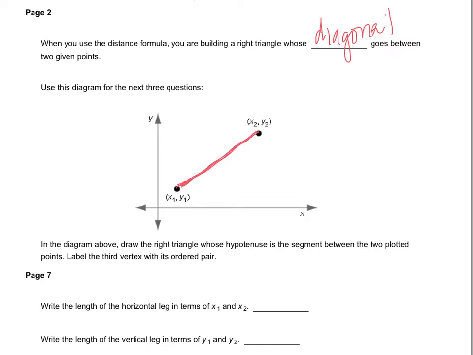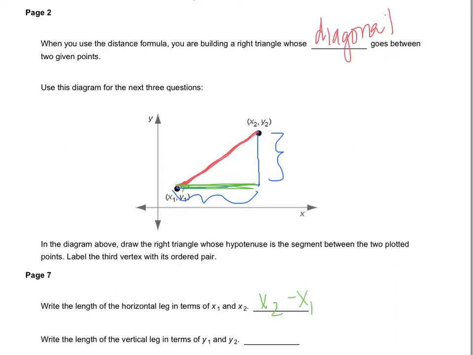could use the distance formula, but I could also imagine that this was really just a right triangle, and I could easily calculate how long this was, and I could calculate how long this was, and I could use Pythagorean theorem. So the horizontal leg, which would be the leg that is colored in green, I could find that distance by taking x2 and subtracting x1 from it.